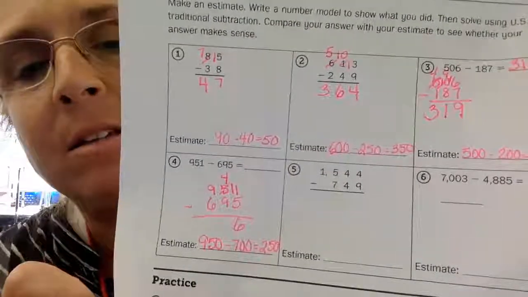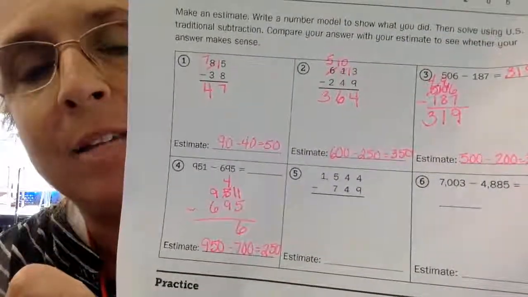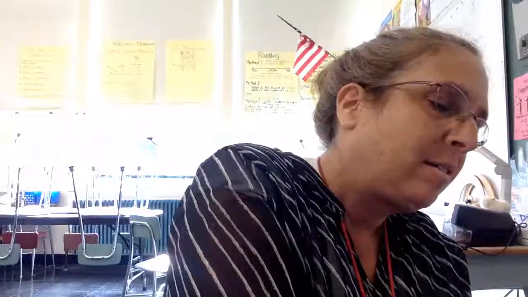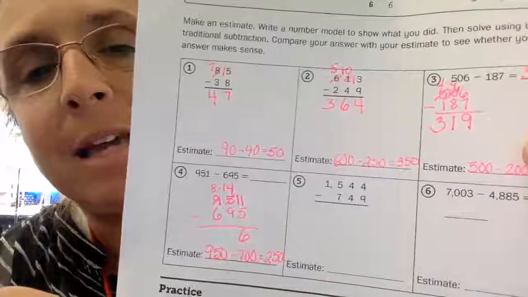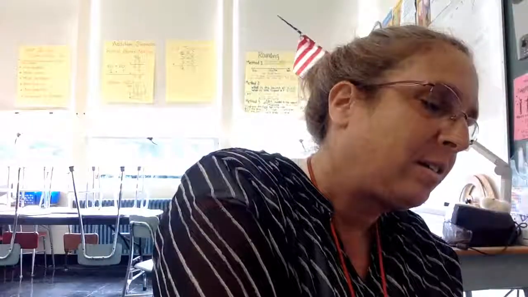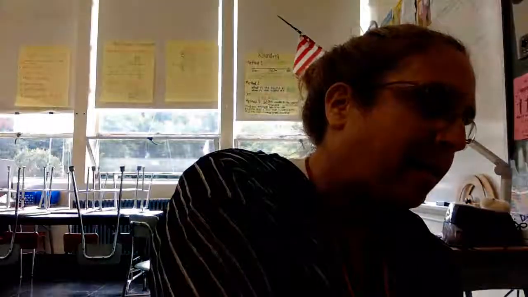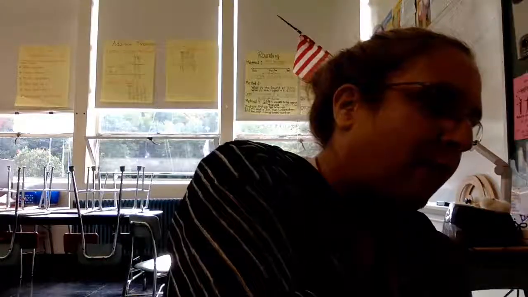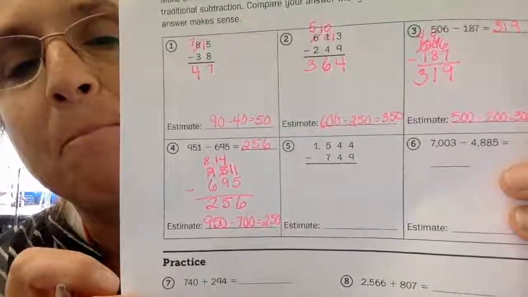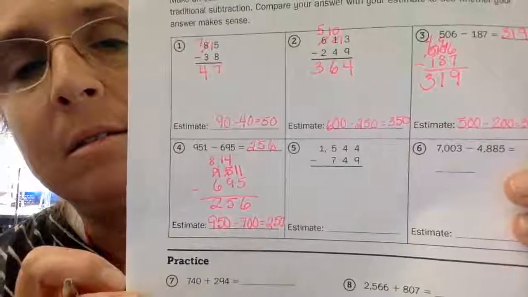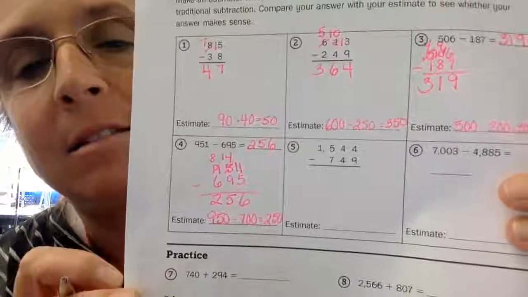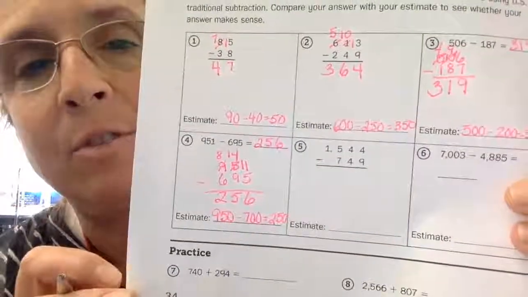So now I can't subtract 9 tens from 4 tens, so I have to borrow 100 from the 9. 14 tens minus 9 tens equals 5 tens. And then 8 minus 6 is 2. So my answer is 256. Does that make sense? Yes, because it's close to my estimate of 250.